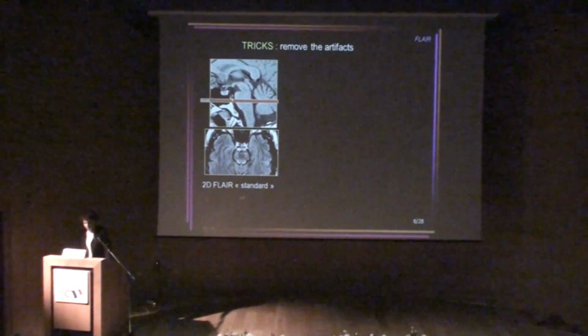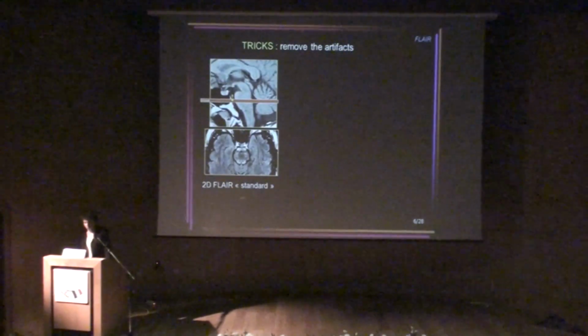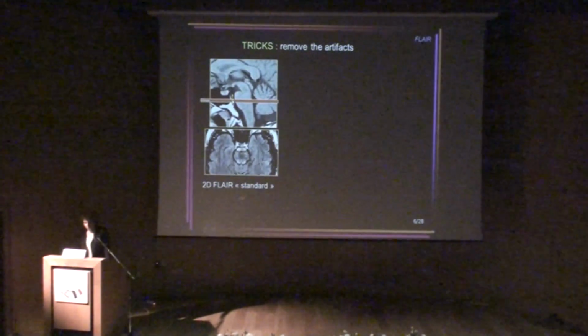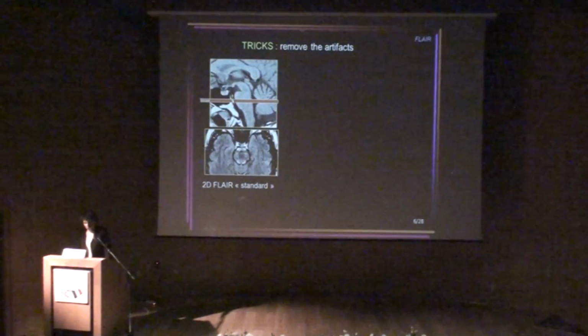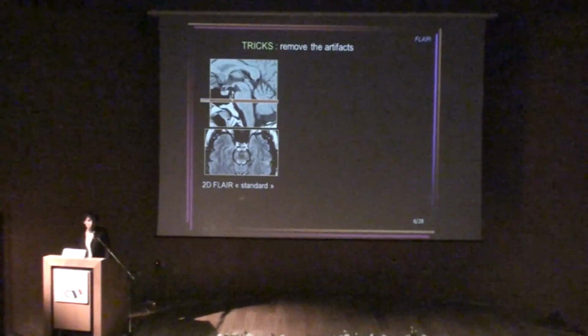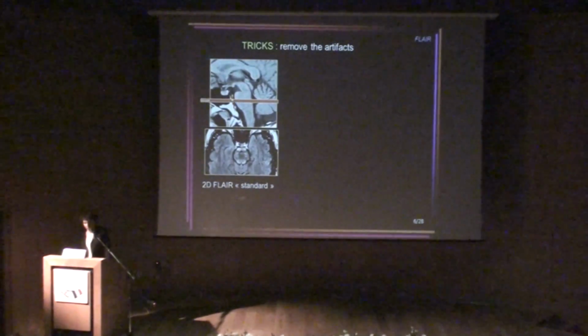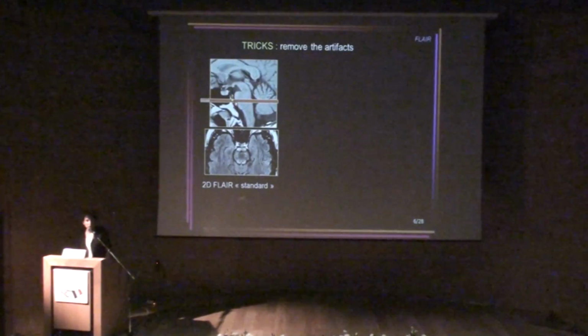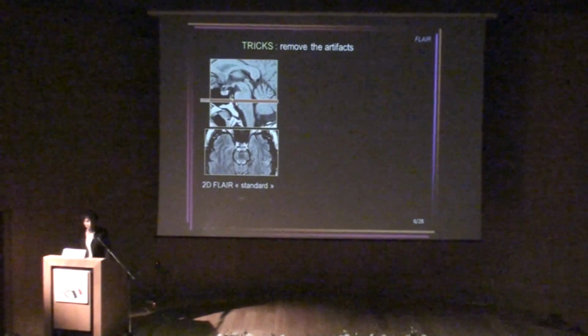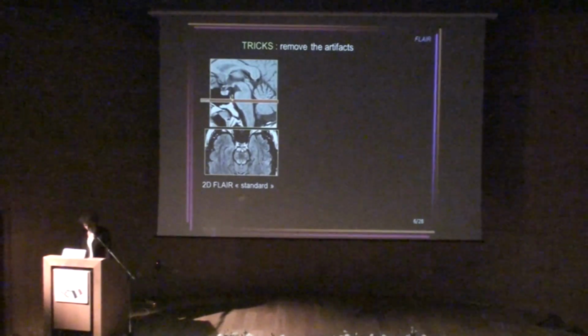The problem is that only this slice section is prepared by the inversion pulse, and because of the CSF flows, there are some spins that are going to move away from this slice. This is not really a problem, because they are running away. The problem is these little spins that will enter the slice and that haven't been prepared, and they are responsible for the CSF flow artifacts that you can see here.